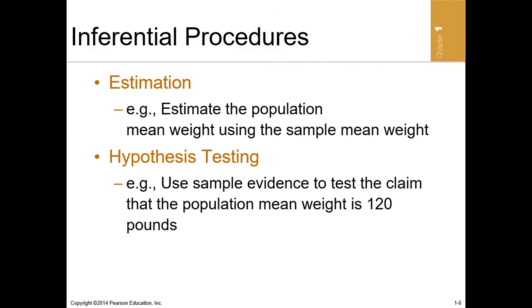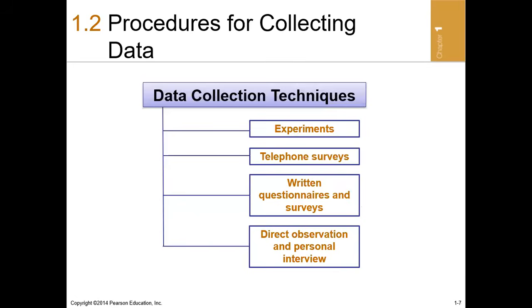And it also talks about hypothesis testing, okay? Using evidence to accept or refute a research claim. That is hypothesis testing, which I also teach in my series of videos. So that is what inferential procedures are about: estimations as well as hypothesis testing.